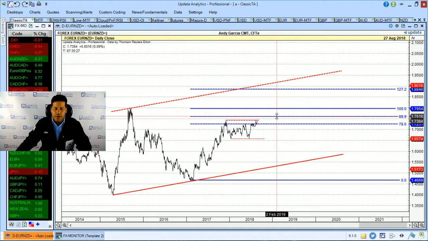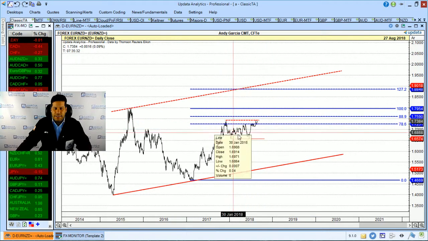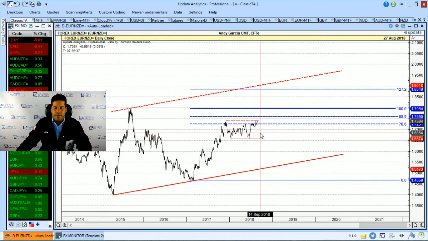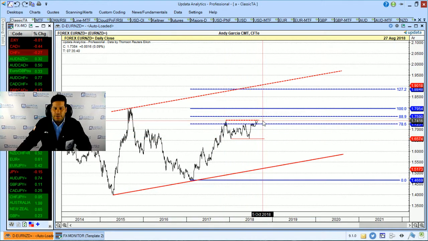You have the 88.9 Fibonacci level here, but as it stands, you can see how this market has been in a sideways consolidation. You do have two equal lows here and two equal highs.